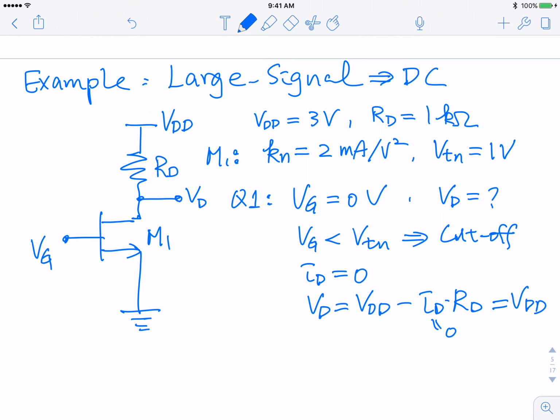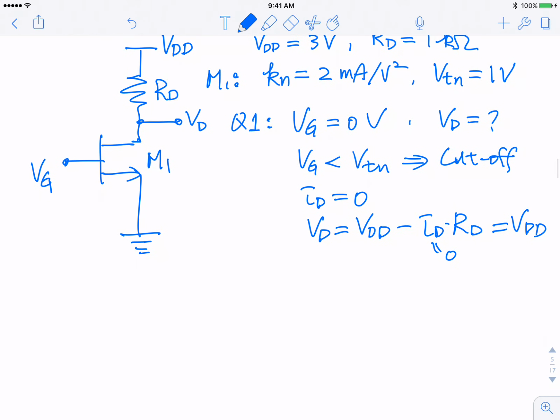All right, so that's easy. So what happens if we increase it to 1 volt? Which mode is the transistor in now? So Vg is 1 volt.